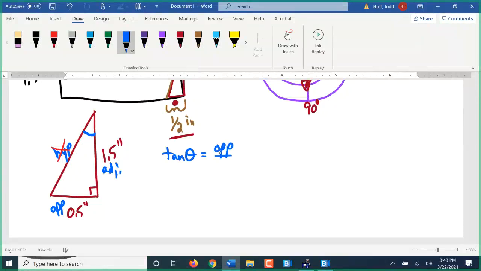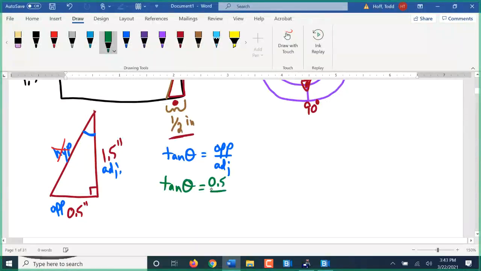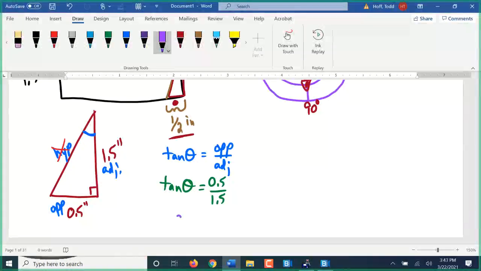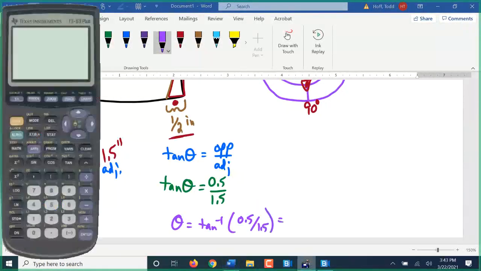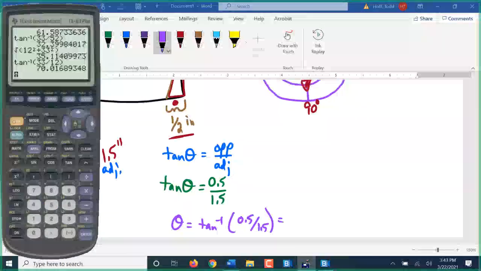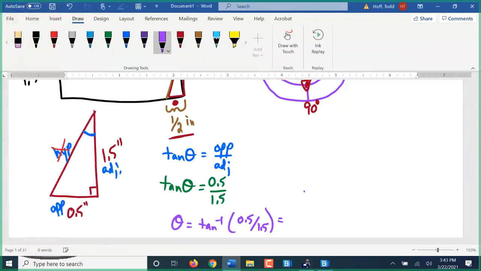Tangent is opposite over adjacent. So I'm going to fill it in. I don't know the angle. Which side is the opposite? 0.5, and the adjacent, 1.5. So to find the angle, it's the inverse tangent of 0.5 over 1.5, which is 18.43 degrees.